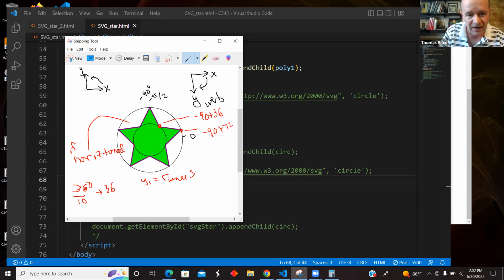times the sine of minus 54 degrees. And y2 is our outer radius times the sine of minus 18.